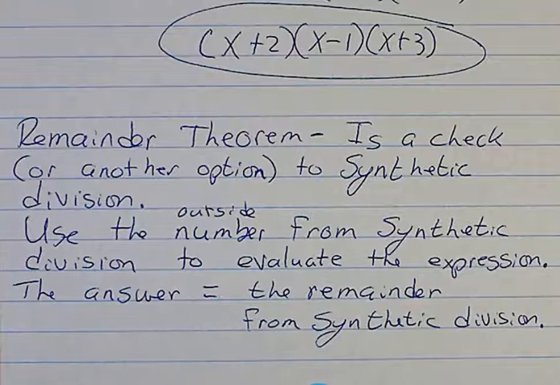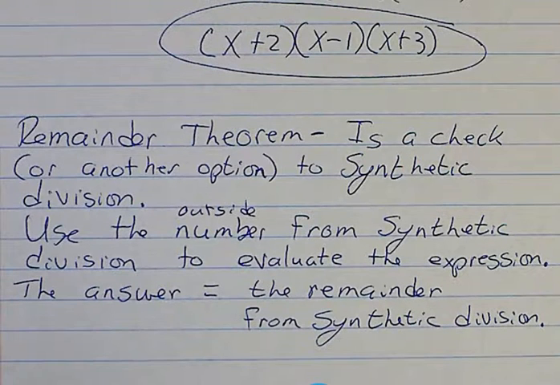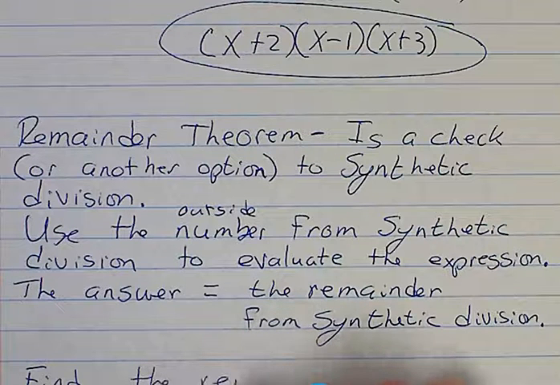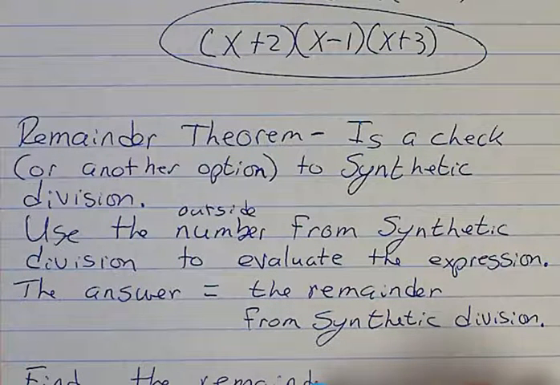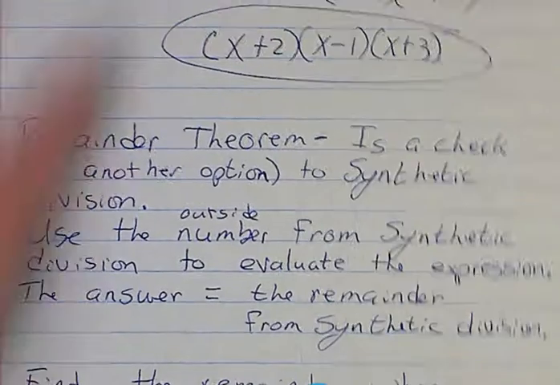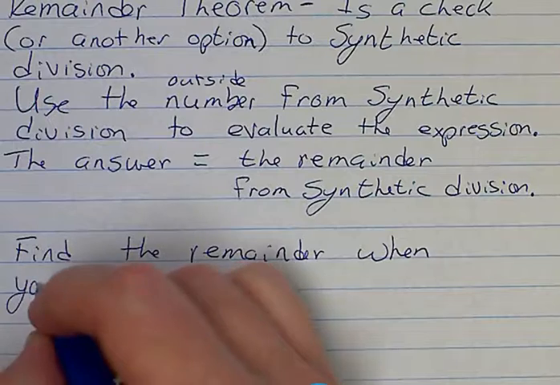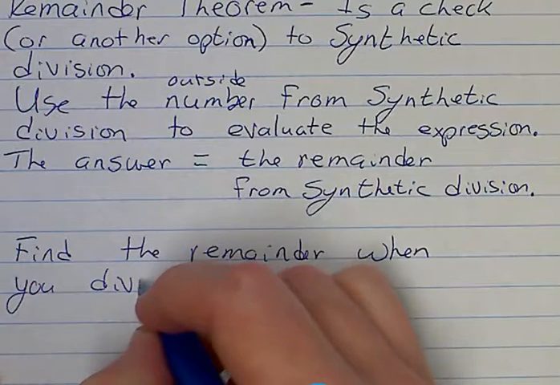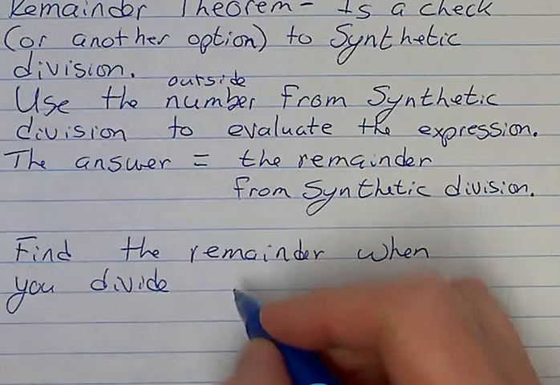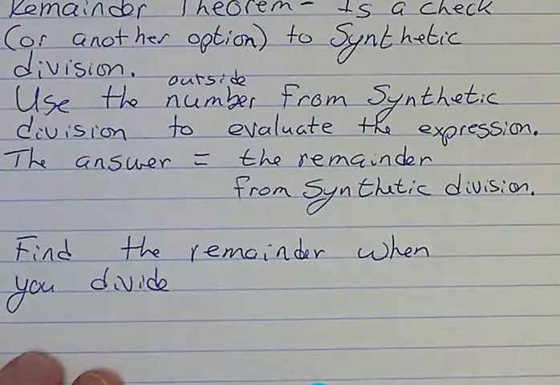All right, so let's do this. They may do something like this for the problem. They may tell you to find the remainder when you divide, and then they'll give you the expression.